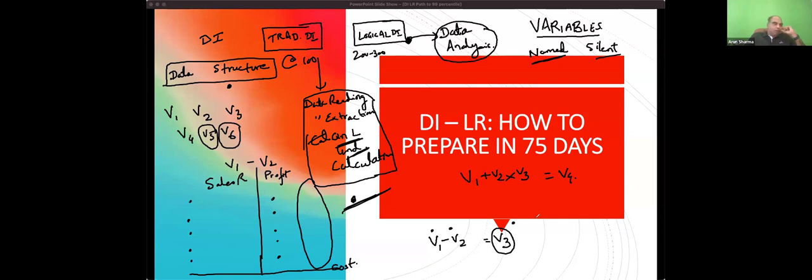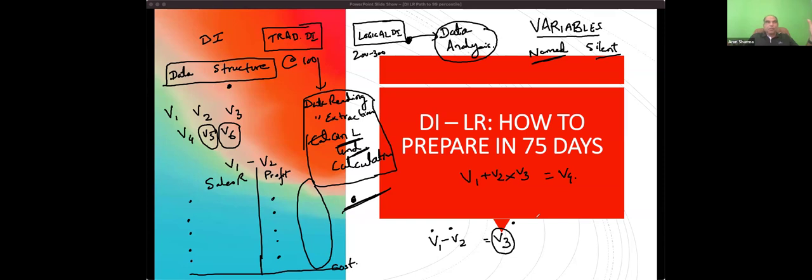I was giving this example to my batch in Connaught Place this morning: a DI question is like a CAT question. A CAT question is a real-life scenario in which you insert a numerical element. A CAT question might be about 2 or 3 variables, while a DI set might be about 8 or 10 variables.